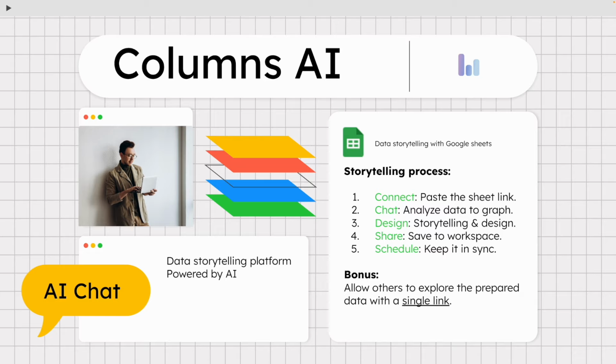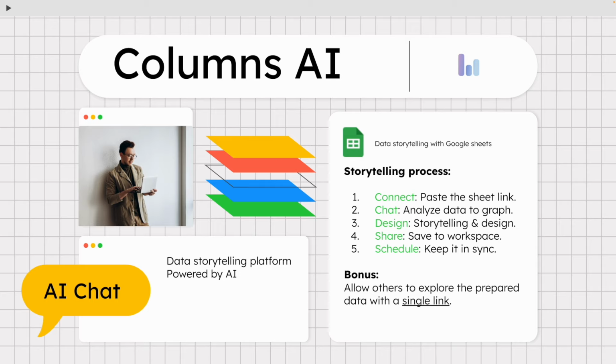Storytelling includes styling, changing the theme, adding annotations, adding shapes, and adding widgets. All kinds of creative tools you can use to make the story outstanding. Step 4 is sharing.